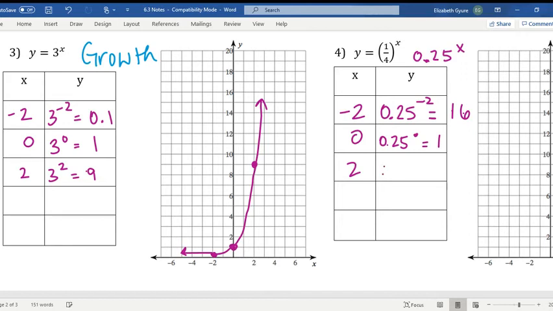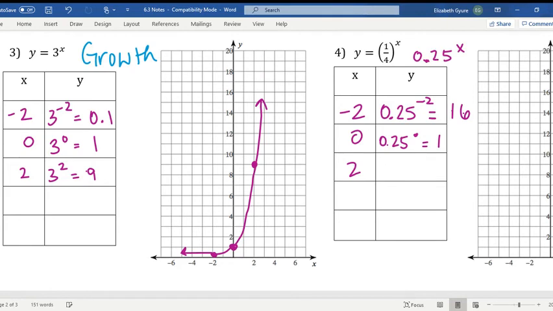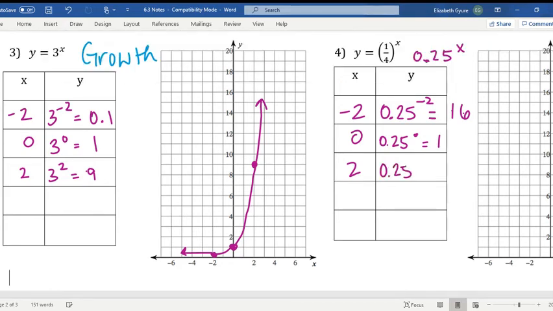And then 0.25 squared. Aaron, were you able to figure out 0.25 squared? No. Are you having calculator issues or have you just not done it yet?